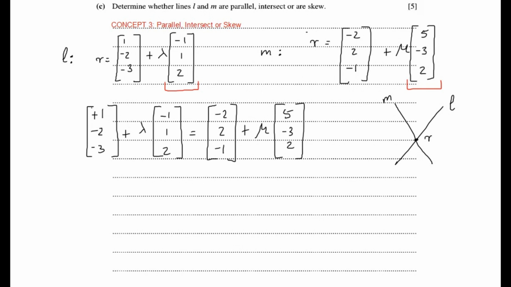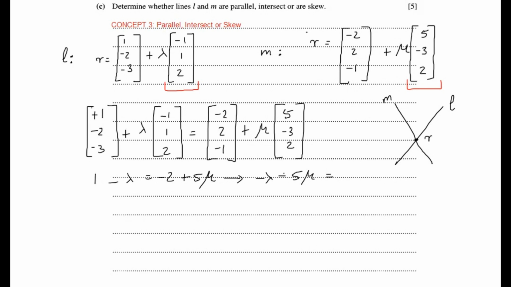So what are the parametric equations? Every row forms one equation and then we solve them simultaneously. So the first row is 1 minus lambda is equal to -2 plus 5 mu. If I neaten that out, I get negative lambda minus 5 mu is equal to -3.